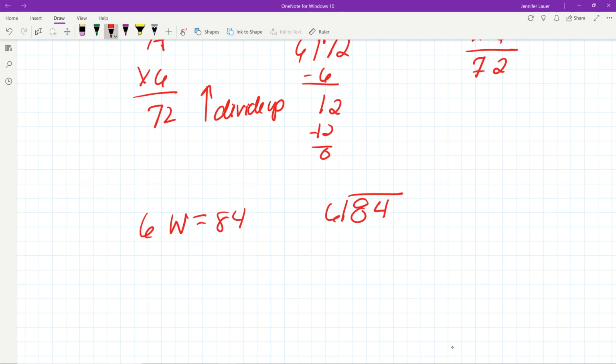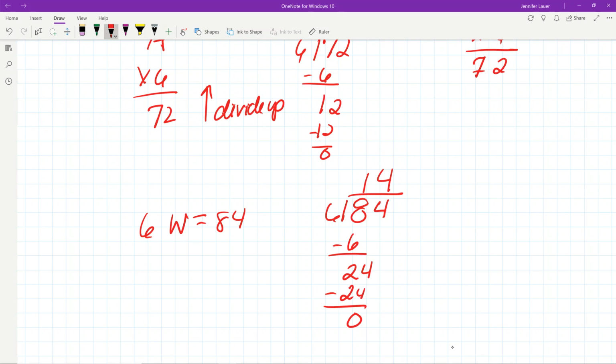So 6 goes into 8 one time. 1 times 6 is 6, and we're going to subtract, and bring down the 4. 6 goes into 24, that would be 6, 12, 18, 24. That's going to be a 4. 4 times 6 is 24. So your answer is 14.